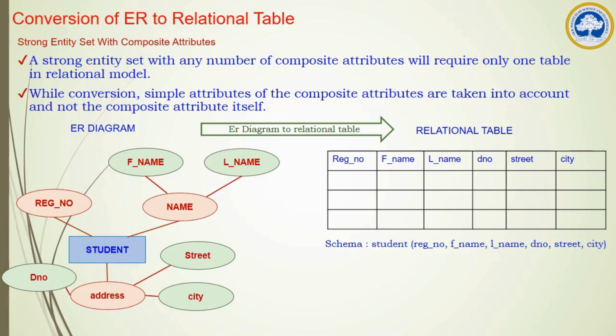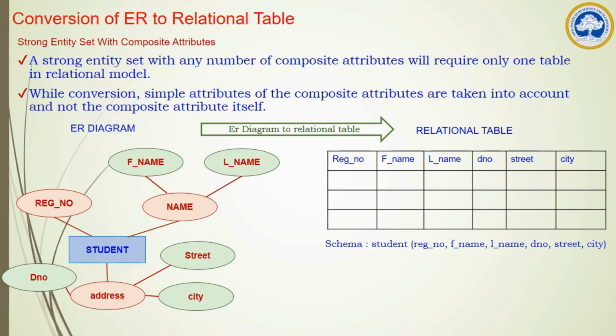For example, in the ER diagram given below, for the student entity set, the register number is a simple attribute. It is directly given in the relational table, whereas the name is a composite attribute. For this composite attribute, the simple attributes first name and last name are considered in the relational table.